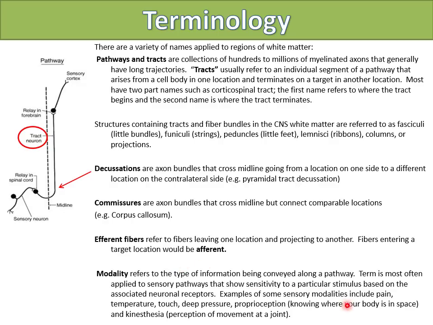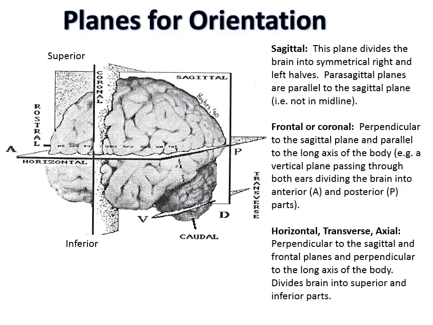And examples include pain receptors, temperature, touch, deep pressure, and proprioception, as well as kinesthesia, the perception of movement at a joint. All of these are dependent on specialized receptors peripherally, but that information is preserved and modified in interesting ways as we move centrally.